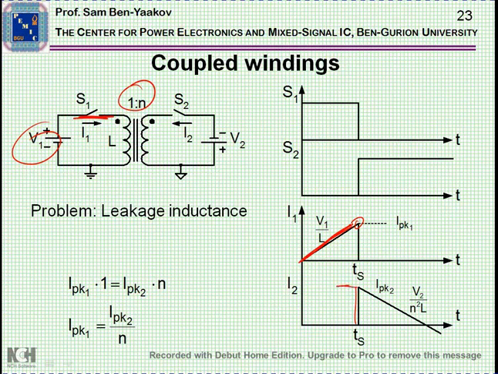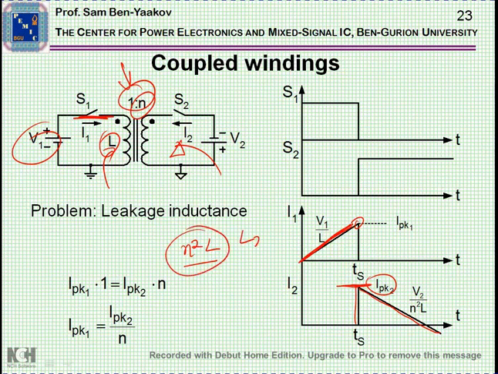You'll see another magnitude of I peak 2, and then a slope which will be different. Why different? Because if you have a ratio of 1-to-n, then the inductance you see here is, let me write it down, n squared L. If this is L of the primary, there are n turns here, so this is the inductance of the secondary.